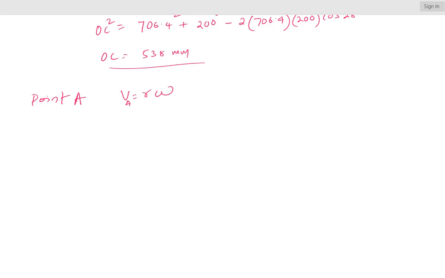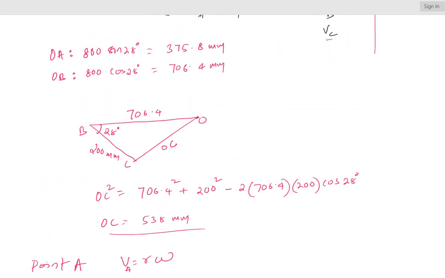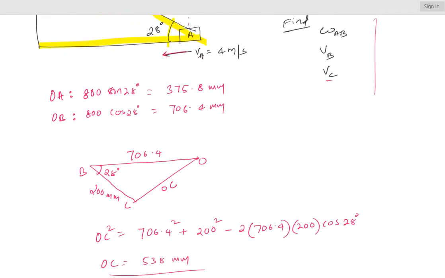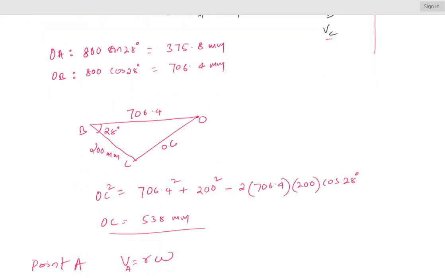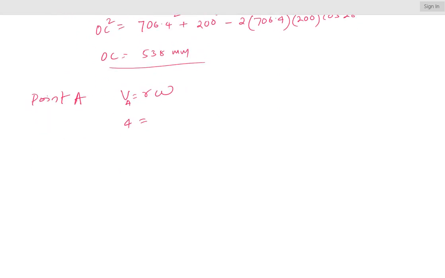We know VA, which is given as 4, and R is actually OA, which is 375.8. We divide that by 1,000 to convert millimeters to meters, because 4 is in meters per second, so everything has to be in meters.